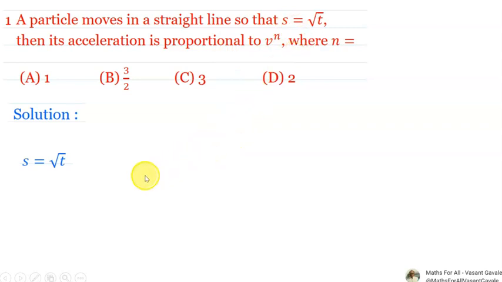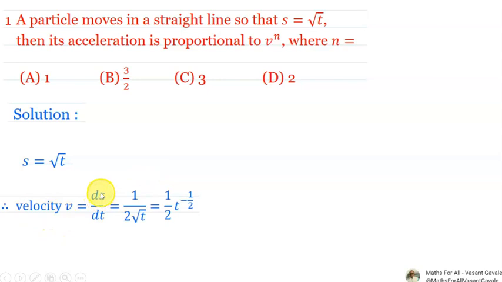We have given the displacement s is equal to root of t. First differentiation is the velocity. ds upon dt is equal to 1 upon 2 times root t, that is 1 upon 2 into t raised to minus 1 upon 2.